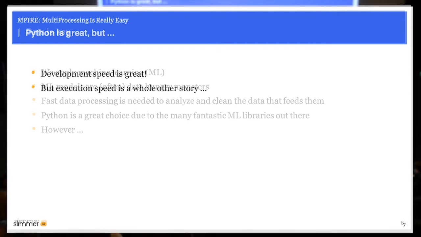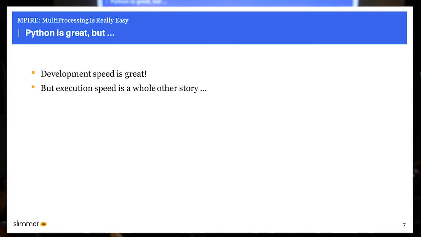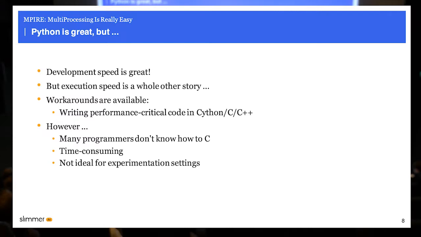However, even though the development speed is really great in Python, the execution speed, as you might know, is a whole other story. There are workarounds available, and one of them is writing your performance-critical code in C or C++, and they have actually done this with libraries you might know, like NumPy and SciPy, which make Python really useful.